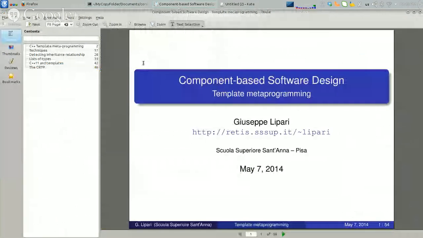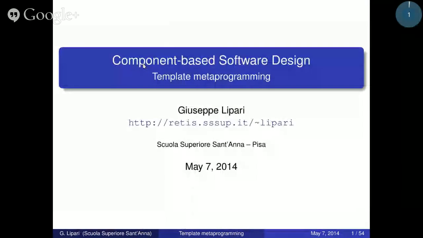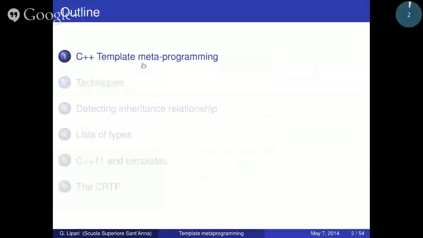So, in fact, I would like to present to you a few of these techniques, the ones that I consider a little bit more interesting, because they let you know a lot about templates and the power of templates in C++. So let's start with a little bit of summary of what is a template in C++.